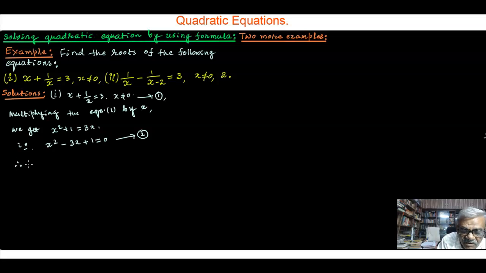Now I am turning that equation into a quadratic equation, and therefore the roots of the equation: x is equal to, by the formula, minus b plus or minus root of b square minus 4ac divided by 2a.